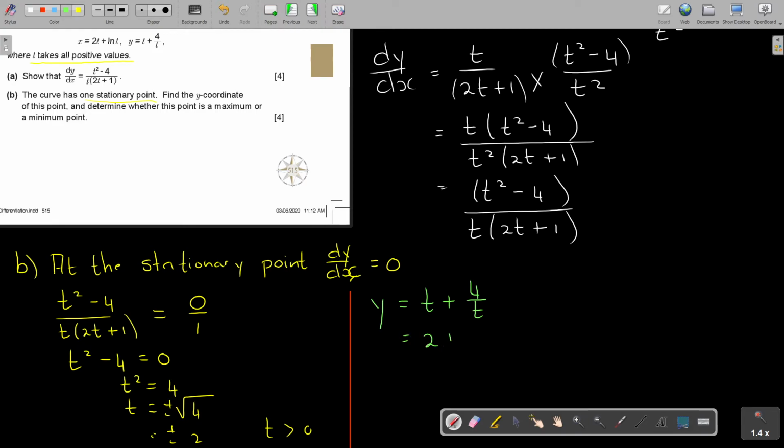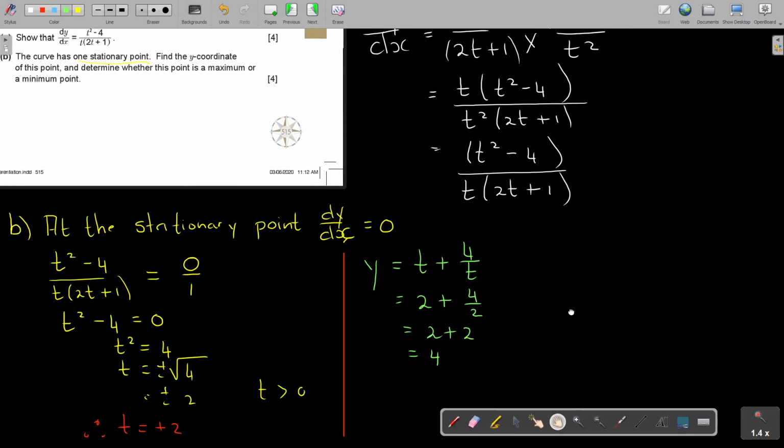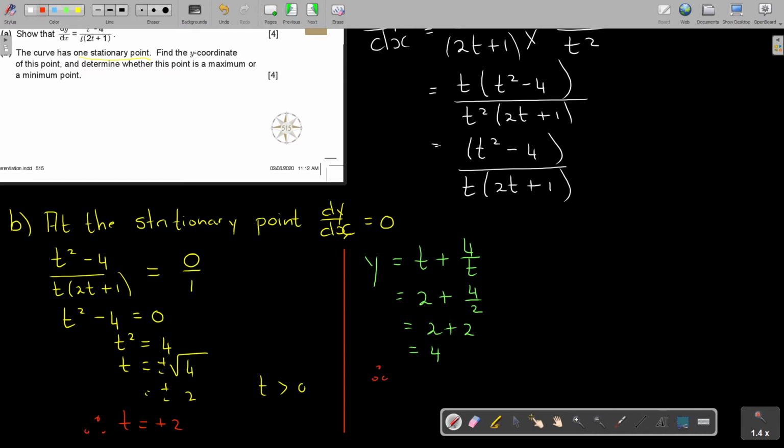So it's 2 plus 4 over 2, and that's 2 plus 2, and that's 4. So the y coordinate of this stationary point is 4. Okay, so that's the first part.